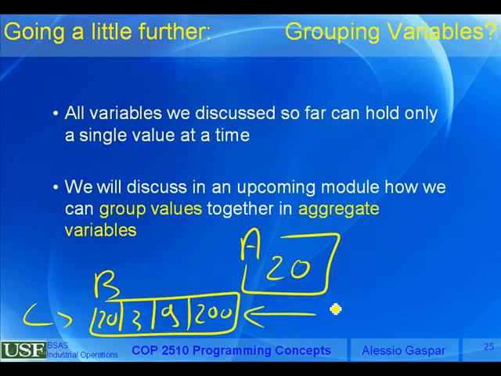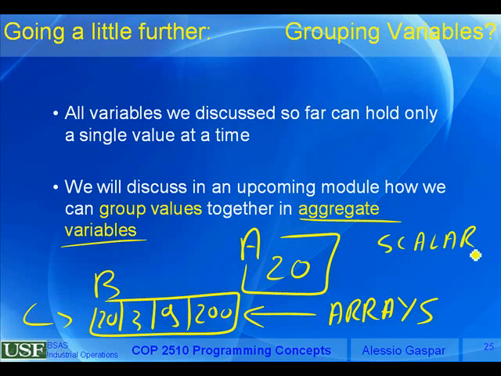These are pretty much arrays. This would be an array of integers. You can have arrays of integers, arrays of floating point numbers, arrays of strings if you need to. We refer to those variables sometimes as aggregate variables, and the opposite of an aggregate variable is a scalar variable. So far we have been using only scalar variables.